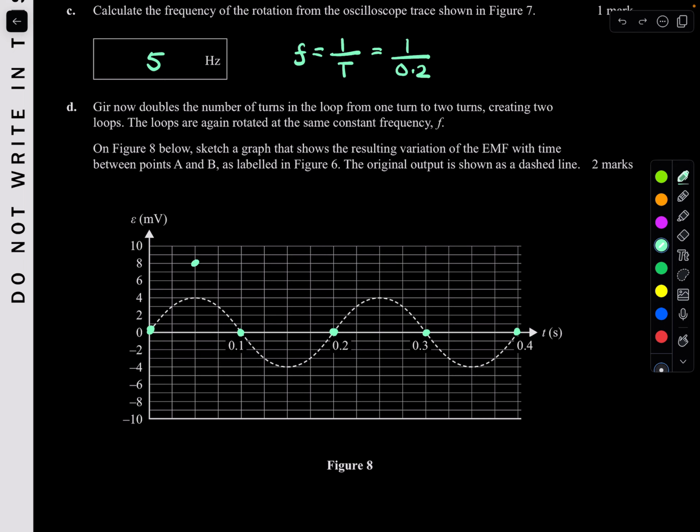Your amplitude will be 8 millivolts. So there, right over there, and this one right over here. Beautiful. I hope that kind of fixes it up. That looks nice.